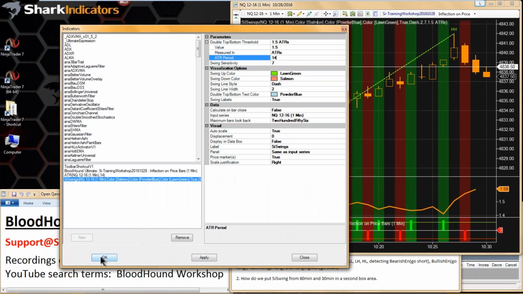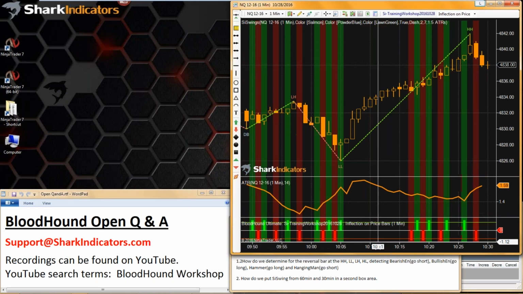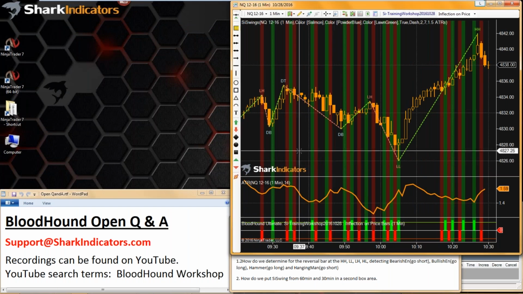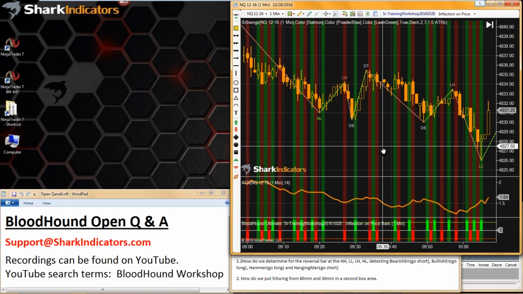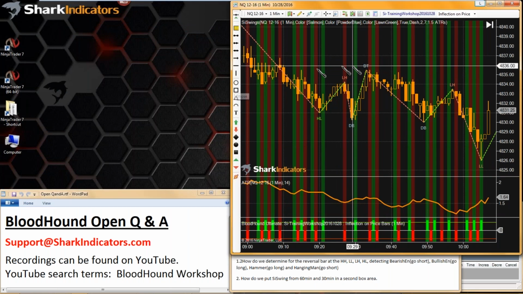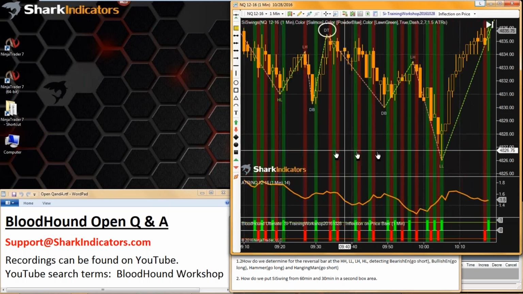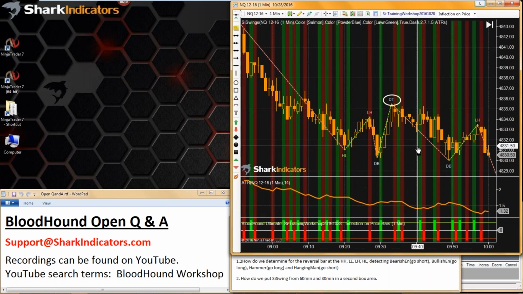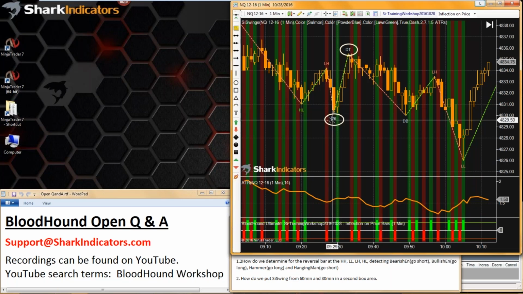Or I could set the other one to 100, but let's just get them to match up. All right, so here we go. Here's a double top. We've got a couple of double bottoms to work with as well.